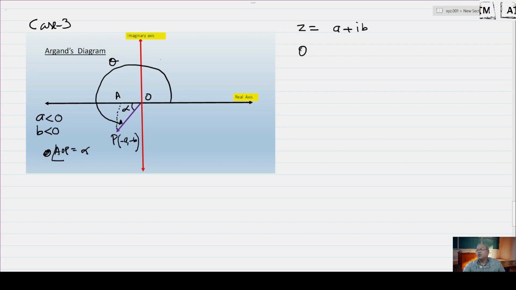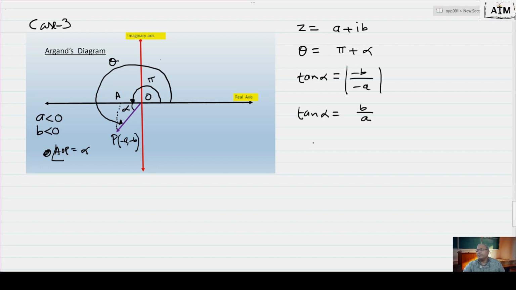From the figure, theta equals pi plus alpha. From the diagram, tan alpha equals minus b upon minus a, modulus, that is tan alpha equals b upon a, which implies alpha equals tan inverse of b upon a.